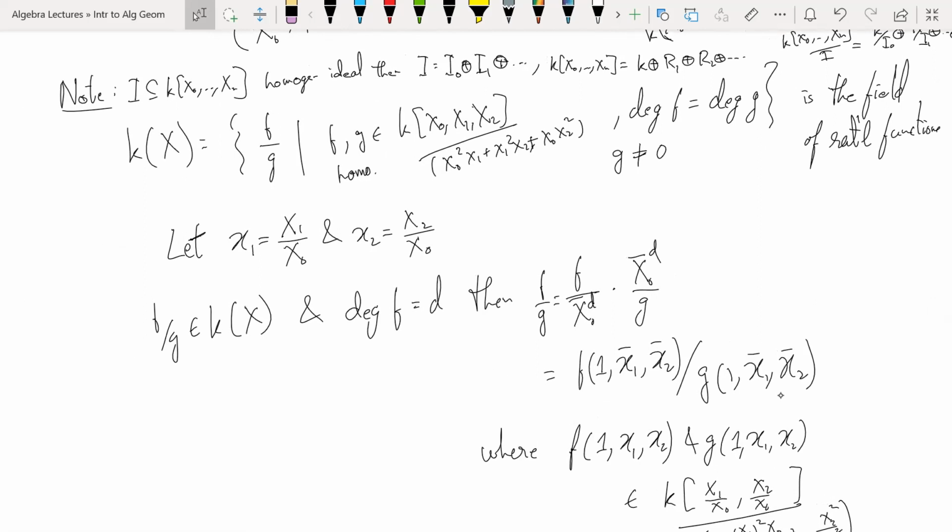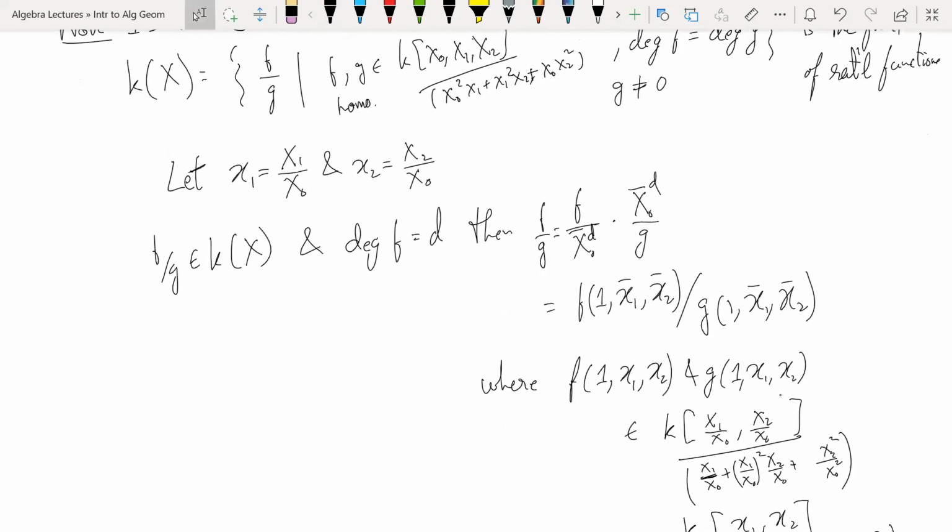So it will become a function in capital X1 over x naught and capital X2 over x naught, and some x naughts will get cancelled. So in fact, this becomes f bar of 1, x1 bar, x2 bar. And similarly, g will become g bar of 1, x1 bar, x2 bar.